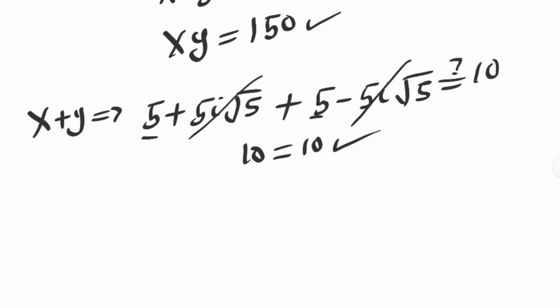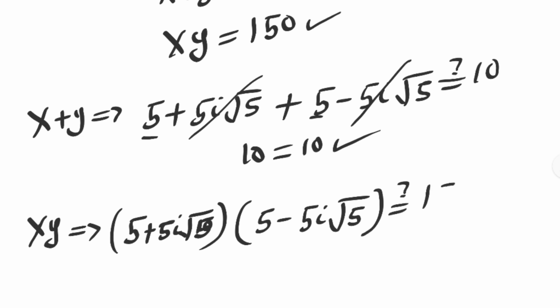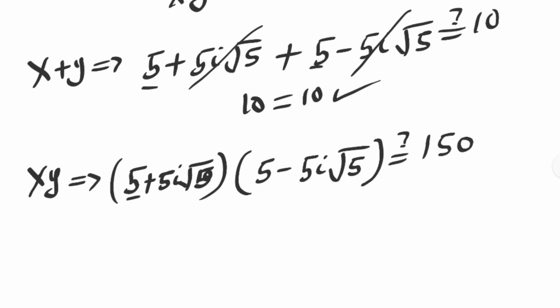Let us consider this. xy can be written as 5 plus 5i root 5 multiplied by 5 minus 5i root 5, which must be equal to 150. 5 times 5 is 25, minus 5 multiplied by minus 5i root 5, that is 25i root 5.